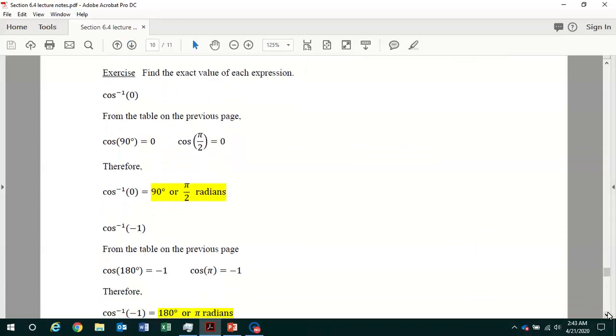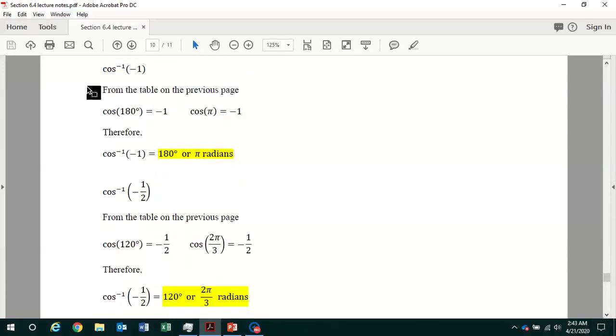You're asked to find the exact value of each expression. First you're asked to find the inverse cosine of the number 0. From the table on the previous page, the cosine of 90 degrees is equal to 0, and the cosine of pi over 2 radians is equal to 0. Consequently, the inverse cosine of the number 0 is equal to the angle 90 degrees, which is the same as pi over 2 radians.